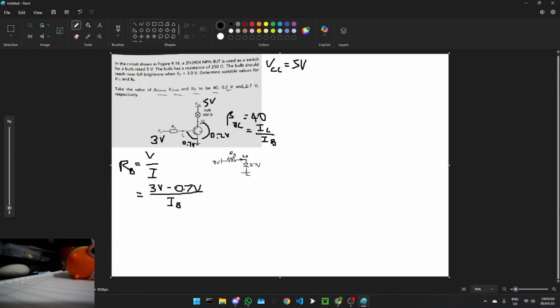IC is here, and if we take this part of the circuit, the bulb, and then ground, and this part is VCE, which is 0.2 volts, and then this is 250 ohms, 5 volts, and then this is IC, IB.